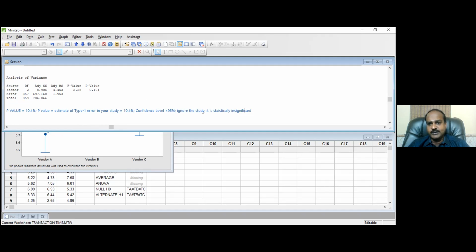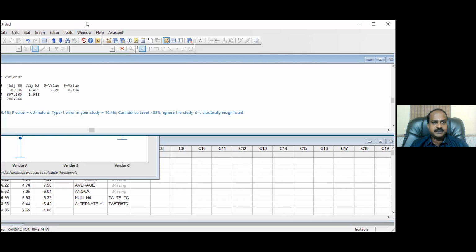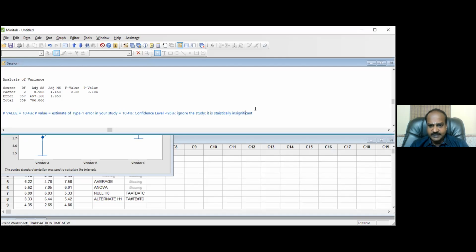Whenever my P value is more than 5%, I will say that the study is statistically insignificant. Clear? Whenever my P value is more than 5%, the study is statistically insignificant.